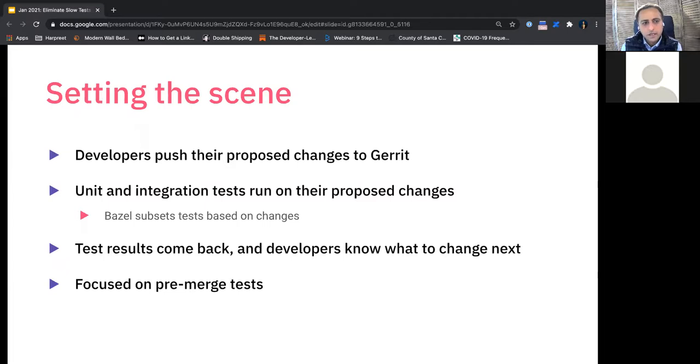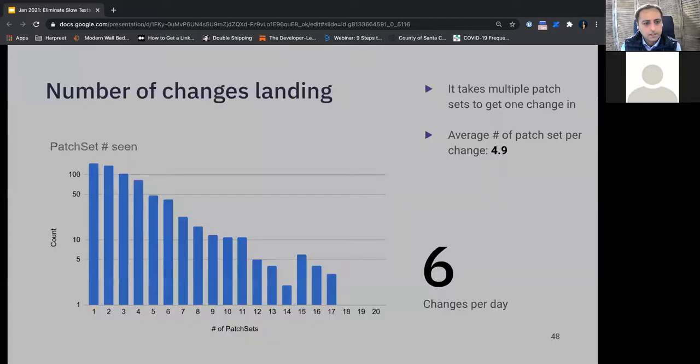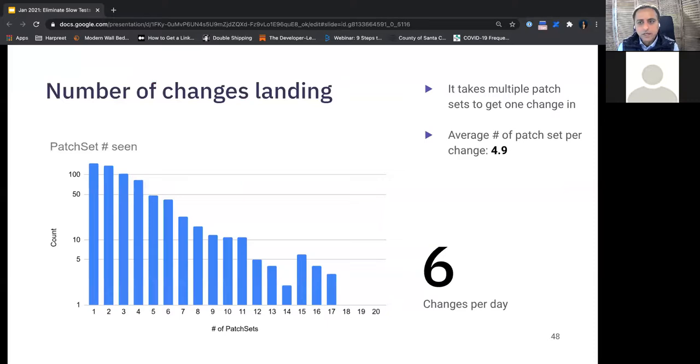As we started looking at their data, what we realized is their worldview looks something like that. I think their team was about 50 people. It takes them multiple patch sets, about 5 patch sets, to move one change through the system, right? And then it takes them about 6 changes per day.